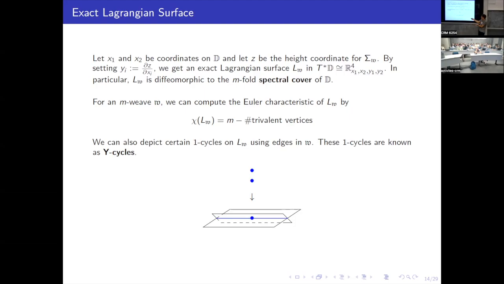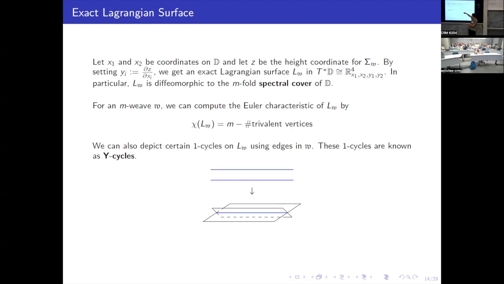So in the preimage of this edge, you're going to see 2 parallel curves on the exact Lagrangian surface. But then if you see a trivalent vertex at the end, remember that at the trivalent vertex the tangent is 0. So the two preimages will meet up along the preimage of the trivalent vertex, and that gives you a cycle on the surface.